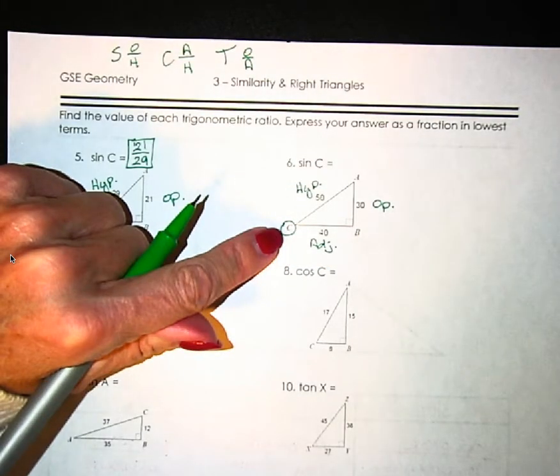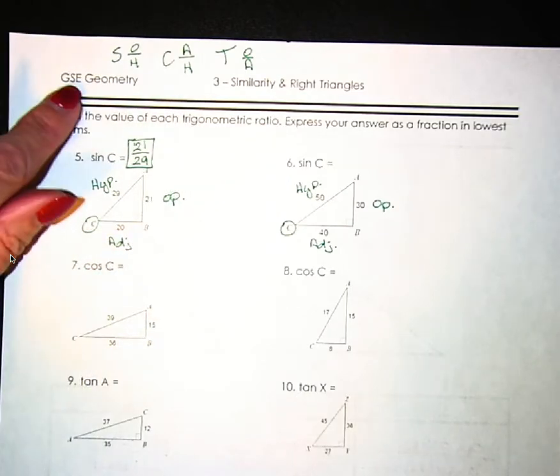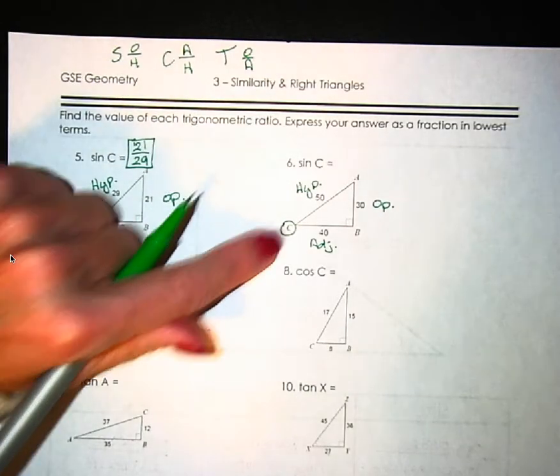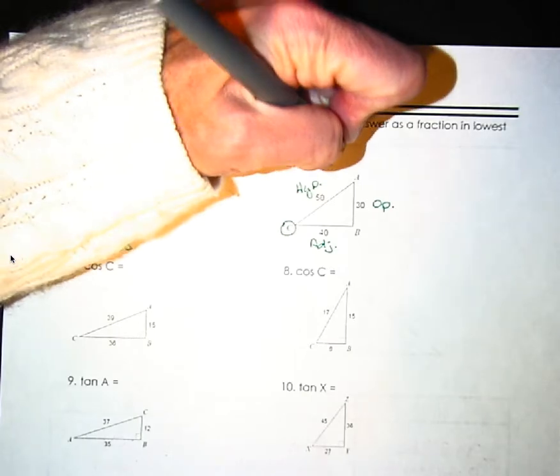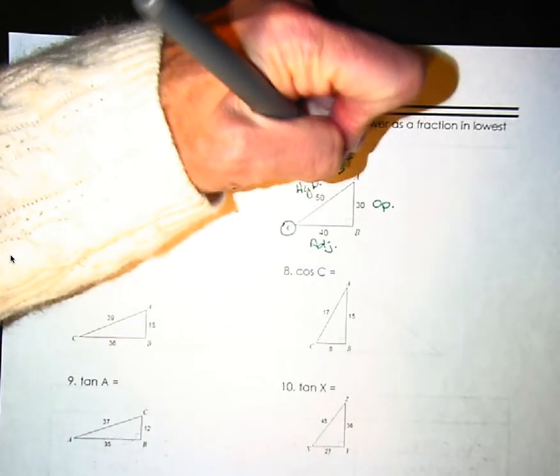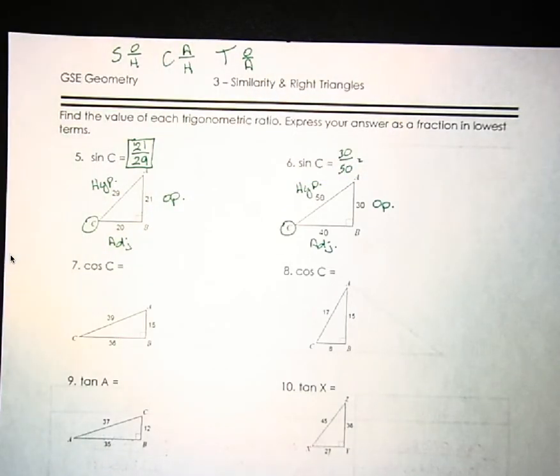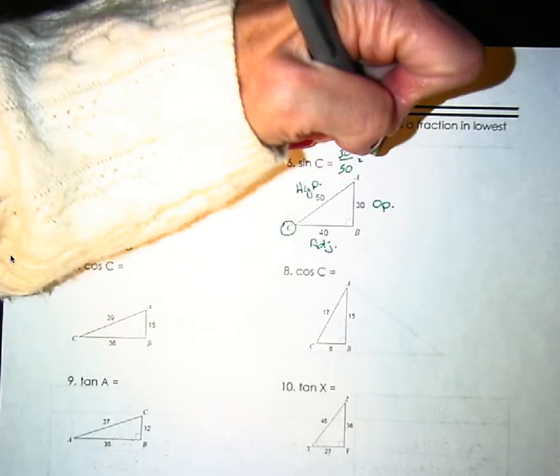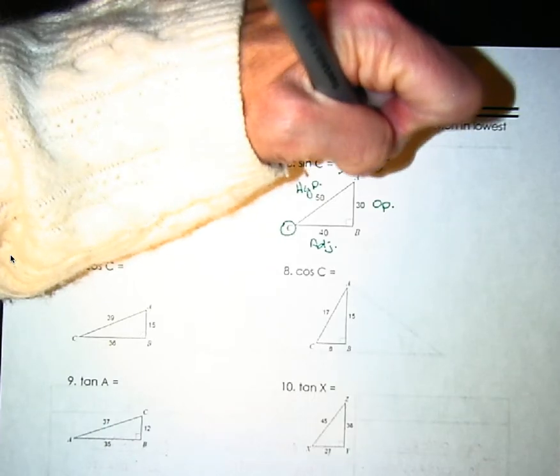Okay, so sine, remember, we just learned sine is opposite over hypotenuse. So that's my opposite side, which is 30, over my hypotenuse, which is 50. And that can be simplified. 30 over 50, divide both of them by 10, and you get 3/5.